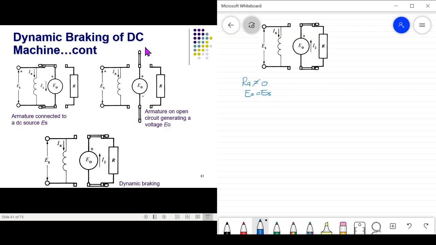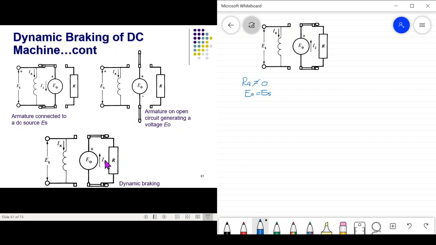In essence, the motor is now a generator whose armature is an open circuit. Then we close the switch on the second set of contacts, so that the armature is suddenly connected to the external resistor. Voltage E0 will immediately produce an armature current I2.